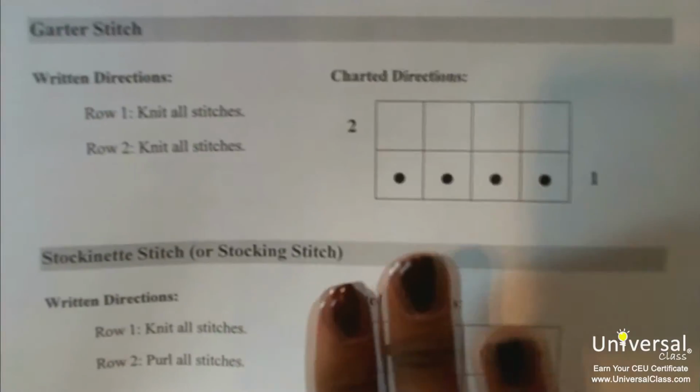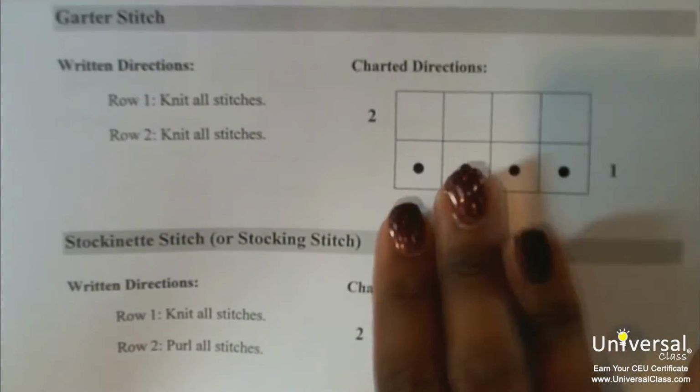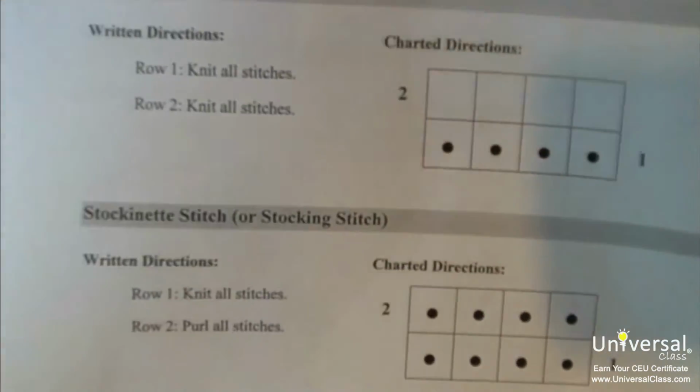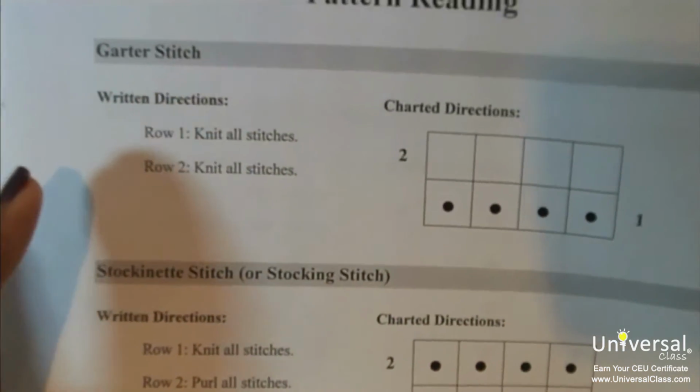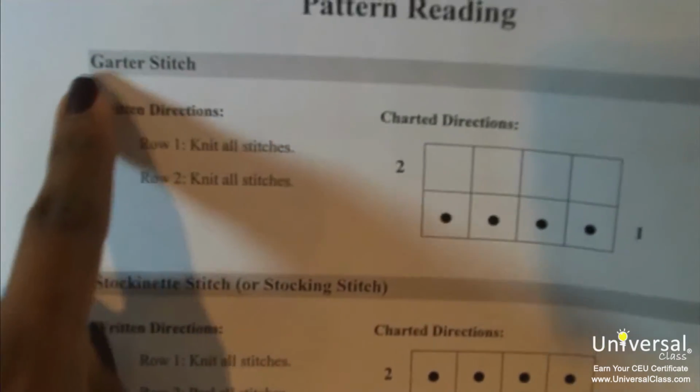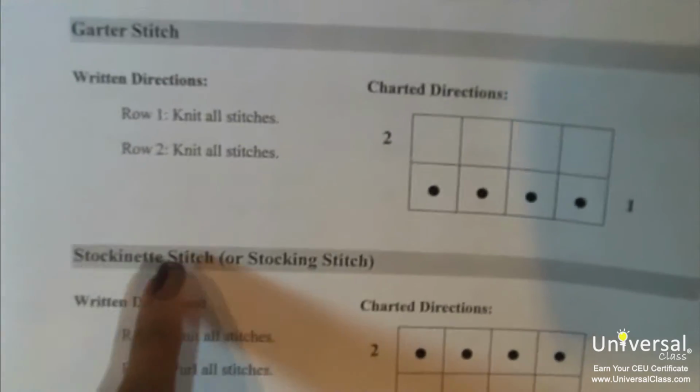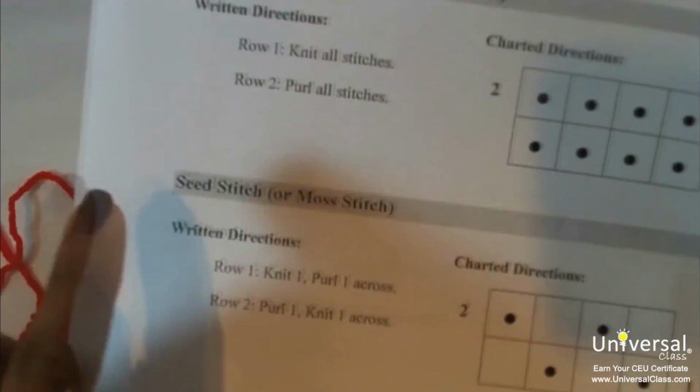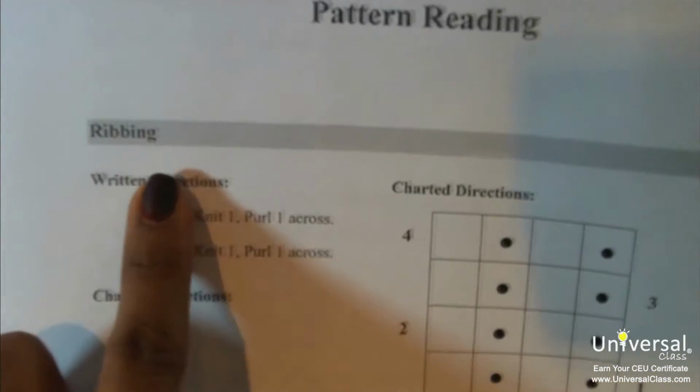So for your chart reading, these are all very simple charts so that you can get an understanding. It shows the basic combinations that are used in knitting, which are the garter stitch and the stockinette stitch. We show the seed stitch, as well as ribbing.